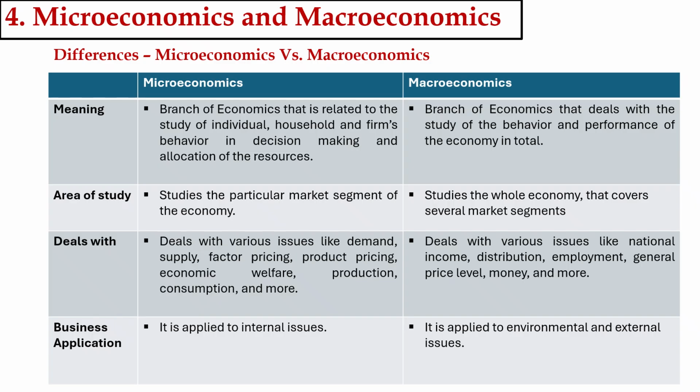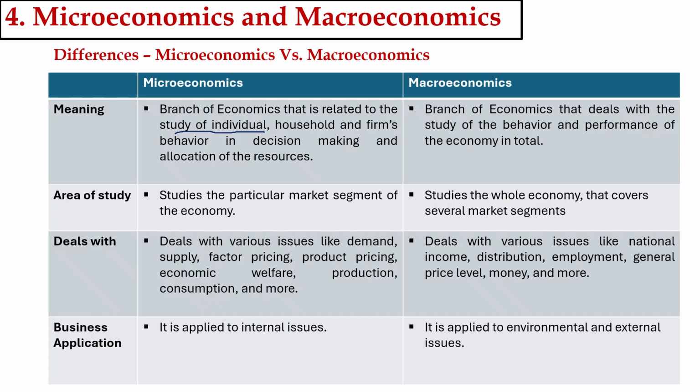So, as I just explained, microeconomics is a branch of economics related to the study of individuals. This individual can be an individual household or an individual firm, meaning one company, in decision making and allocation of resources.